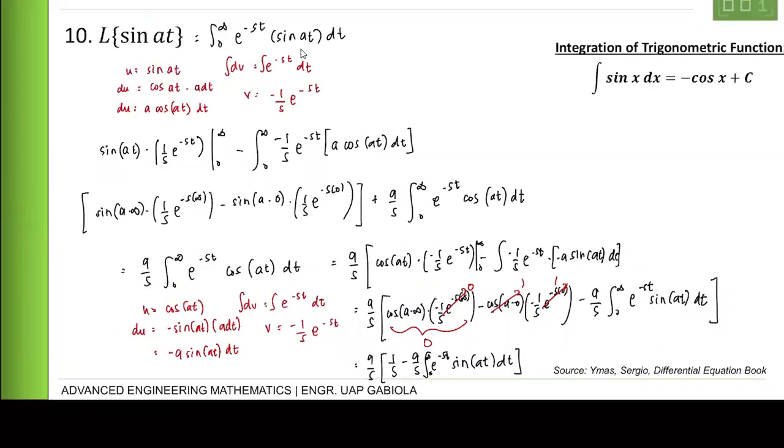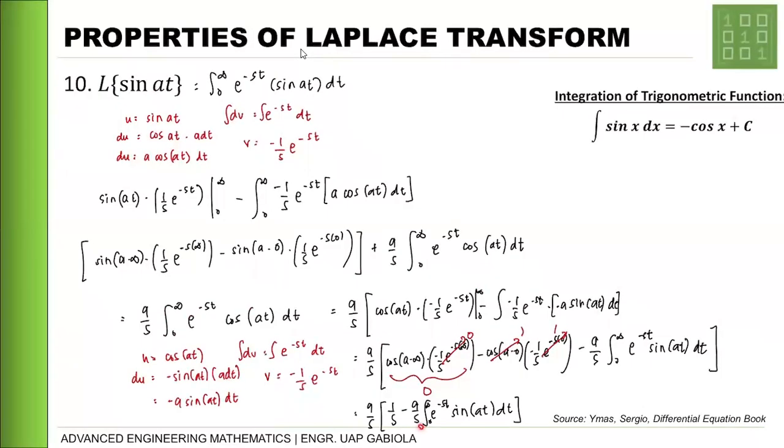Okay? Let me say it again. This part is equal to our first part. Okay? So what we can do is to equate the function we got here at the end with the function here. Okay? So let's try. So equal to a over s multiplied by, let's distribute this, no?